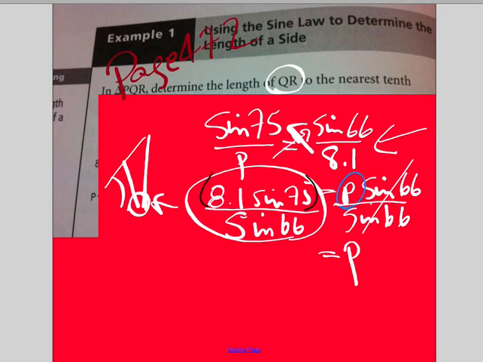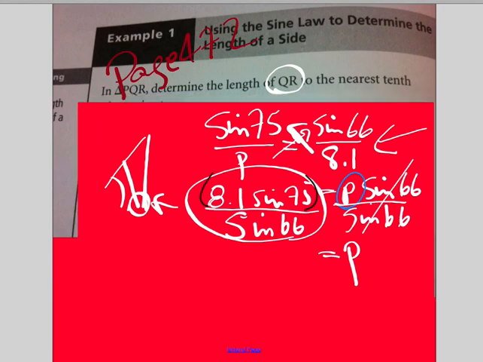If you've got a calculator that doesn't display the work, you're going to want to go 75 sine, get that answer, multiply that by 8.1, and then take the answer and divide it by sine of 66. In any case, you should get an answer of 8.6.